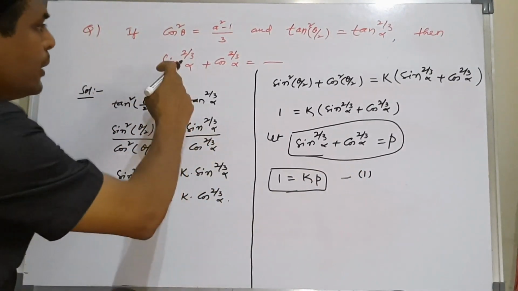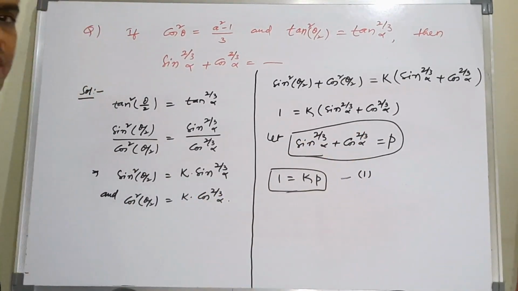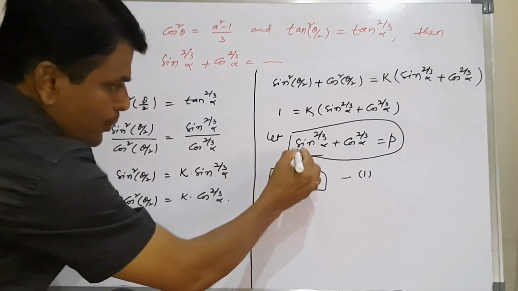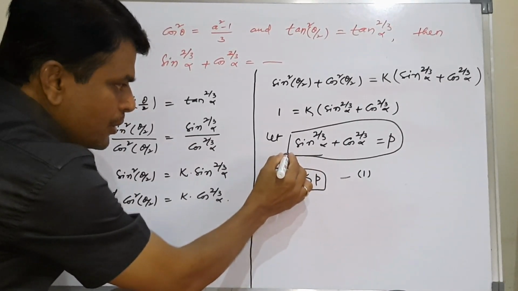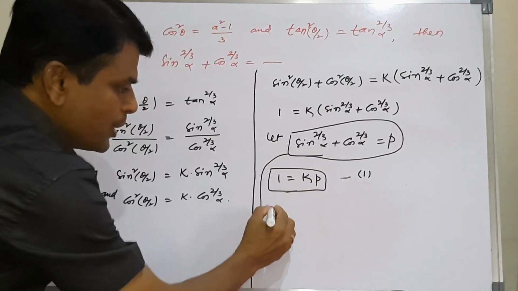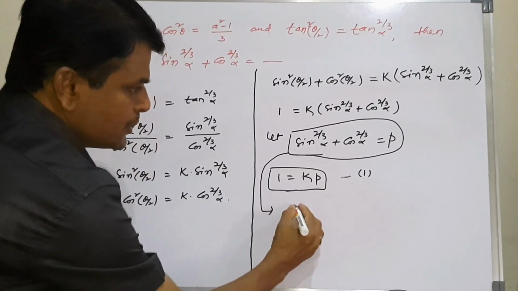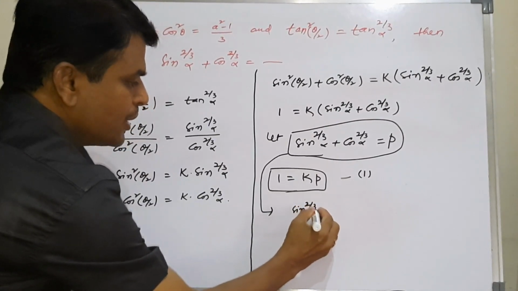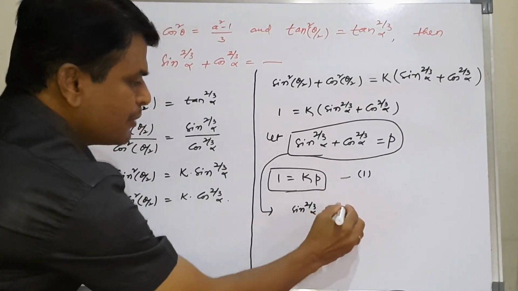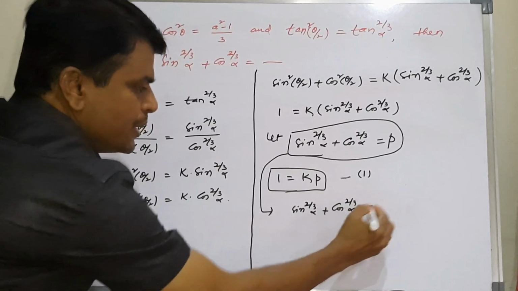Now we need to calculate the value of this. We are supposing it as p. Now when I go for the algebraic formula, cubing this equation, so sin power 2 by 3 alpha plus cos power 2 by 3 alpha is equal to p.